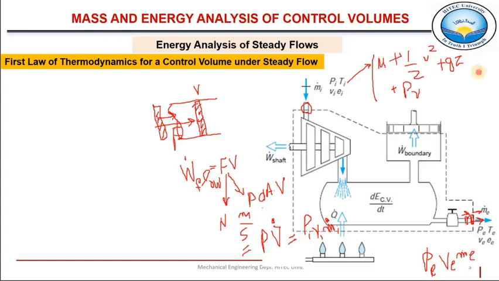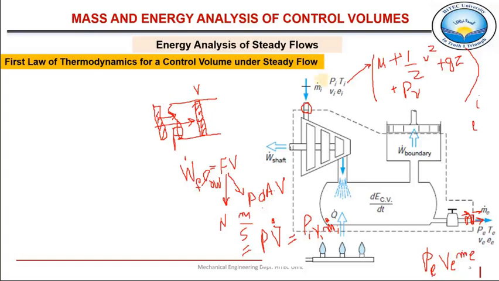So this is the total amount of energy which this mass of fluid is carrying with it, and it is entering this control volume with this total amount of energy. And now the same mass is also leaving, so it will be leaving with this energy at exit, with subscript e, because now we are dealing with energy analysis of steady flow systems or control volumes under steady flow.